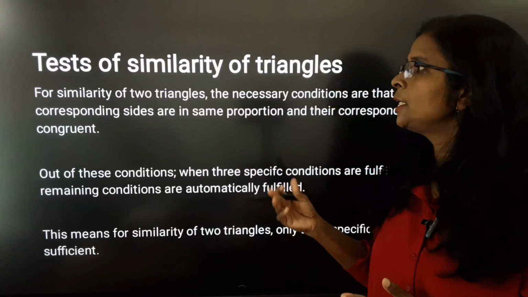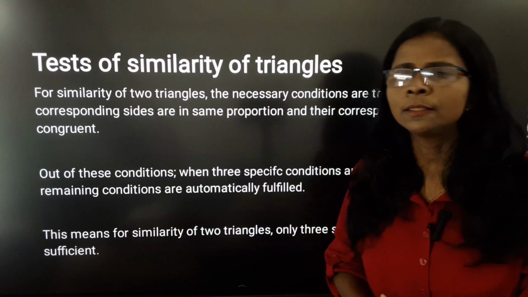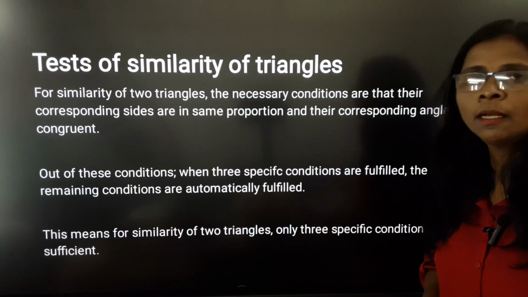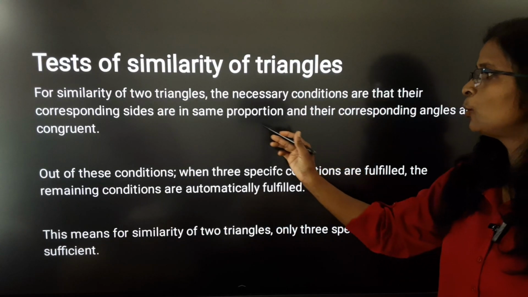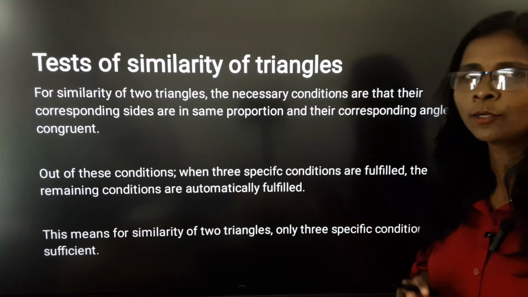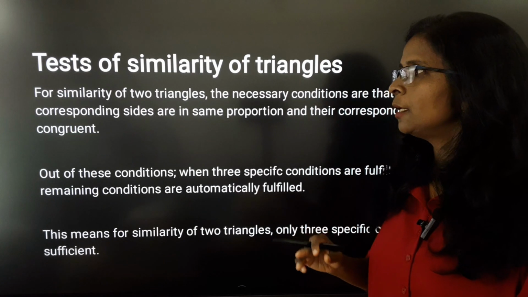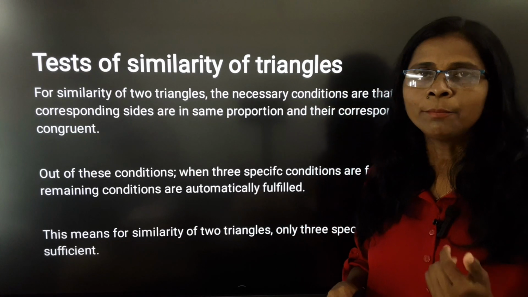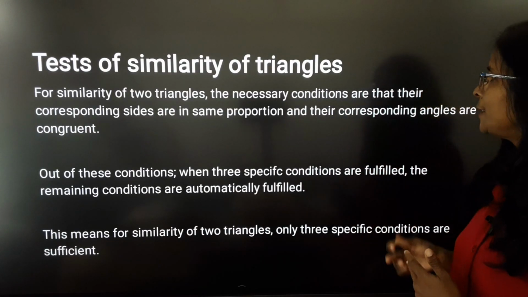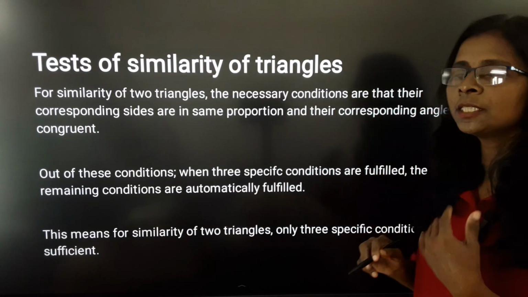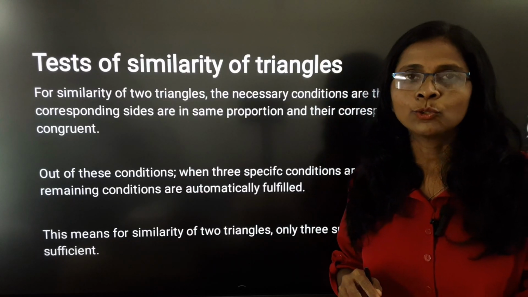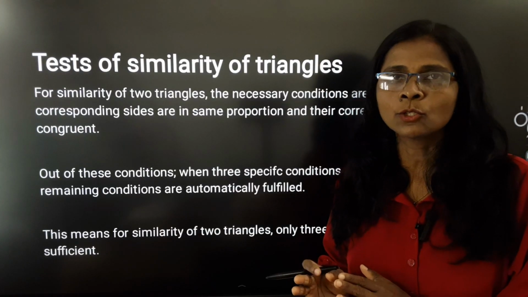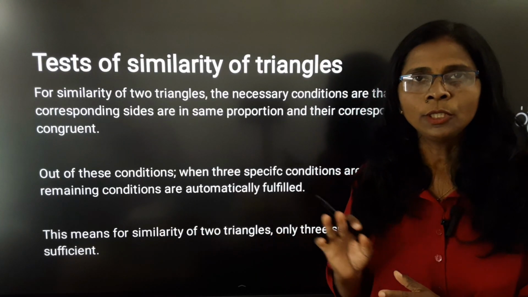For the similarity of two triangles, the necessary conditions are that their corresponding sides are in the same proportion and their corresponding angles are congruent. Corresponding sides in the same proportion means three proportions, and corresponding angles means three angles. So there are six constituents that may be congruent to each other.